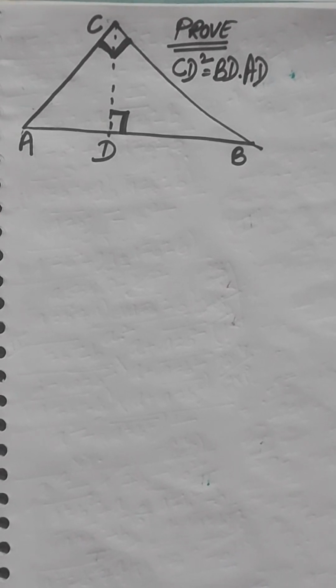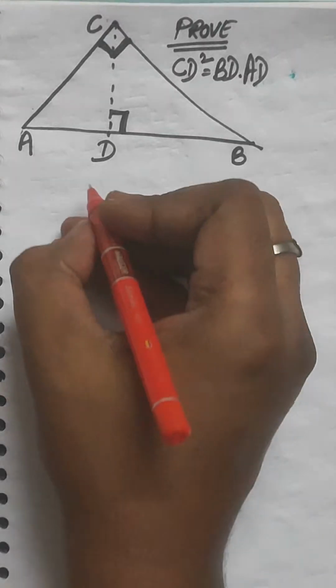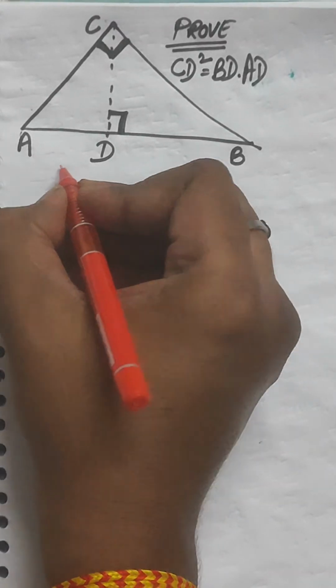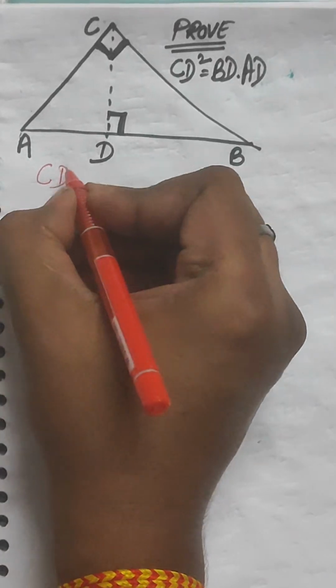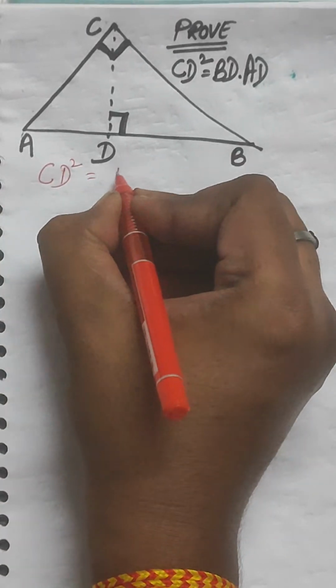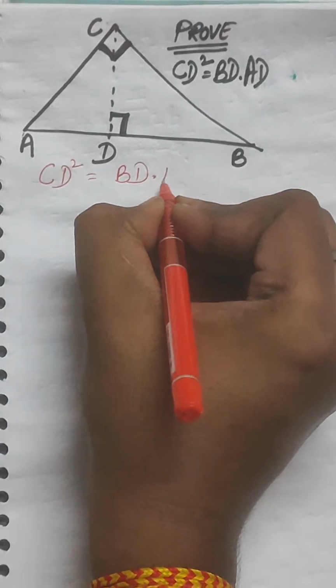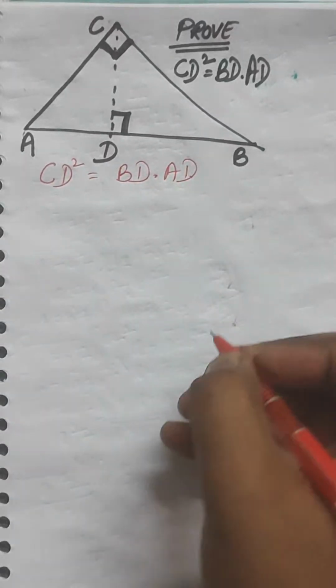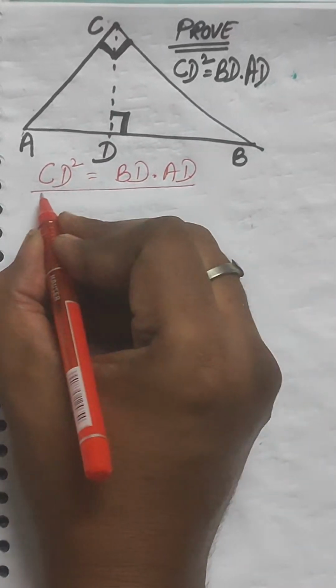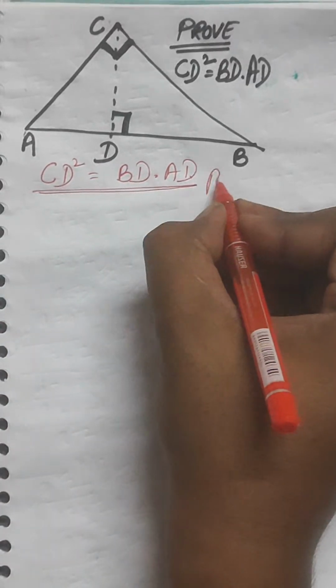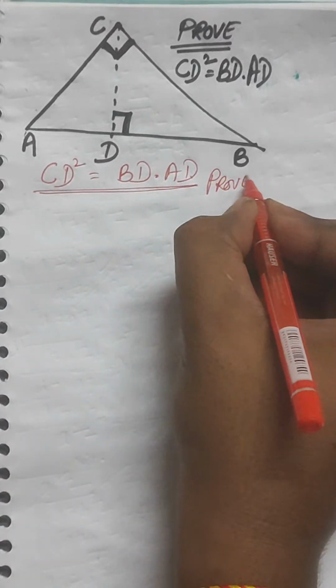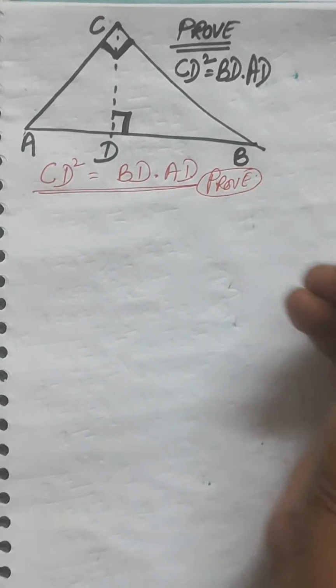Now, to solve this question, let us understand it very properly. Here you can see we need to prove CD square is equal to BD dot AD. This is the requirement which we need to prove.